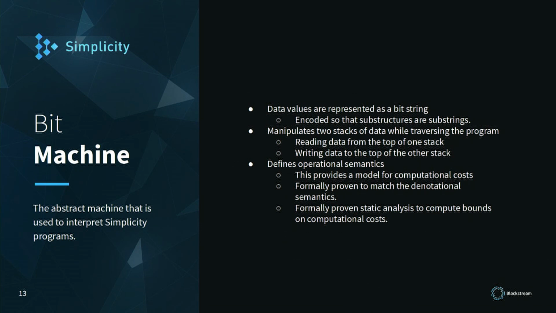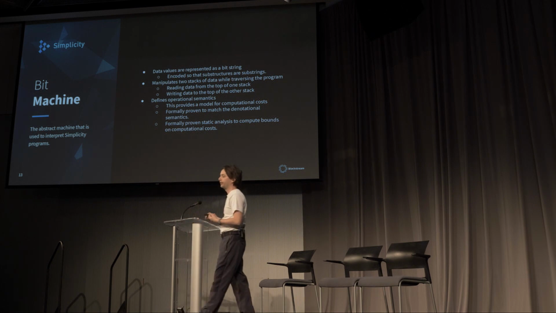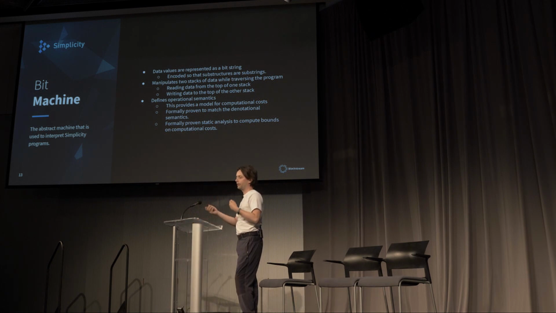To implement the simplicity language, we define this abstract machine that I call the bit machine. And the bit machine is basically a specialized abstract machine designed for interpreting or evaluating simplicity programs, right? So all those data values are encoded as bit strings, and we have this nice, cute little encoding so that substructures of your data structures are encoded as actual substrings of that data value, which allows the bit machine to very easily dive into the substructures.